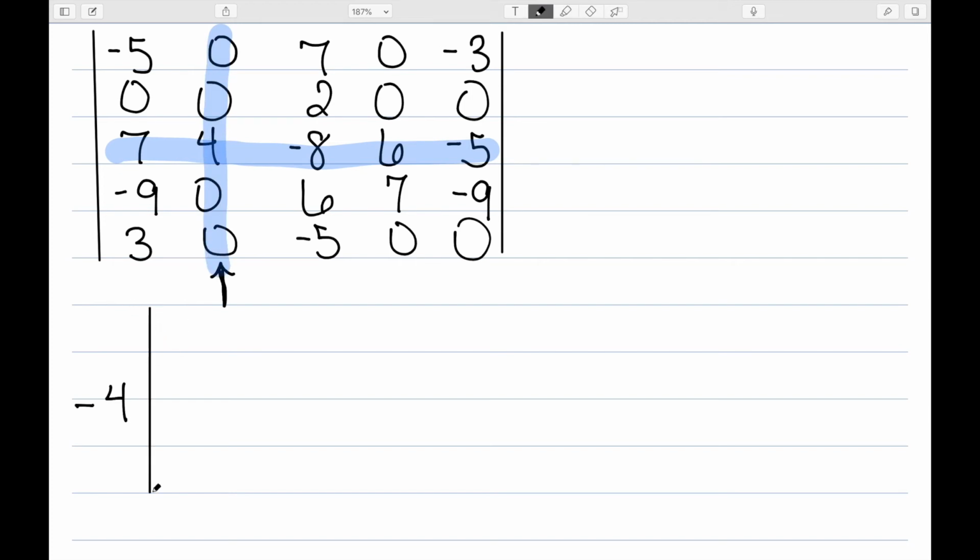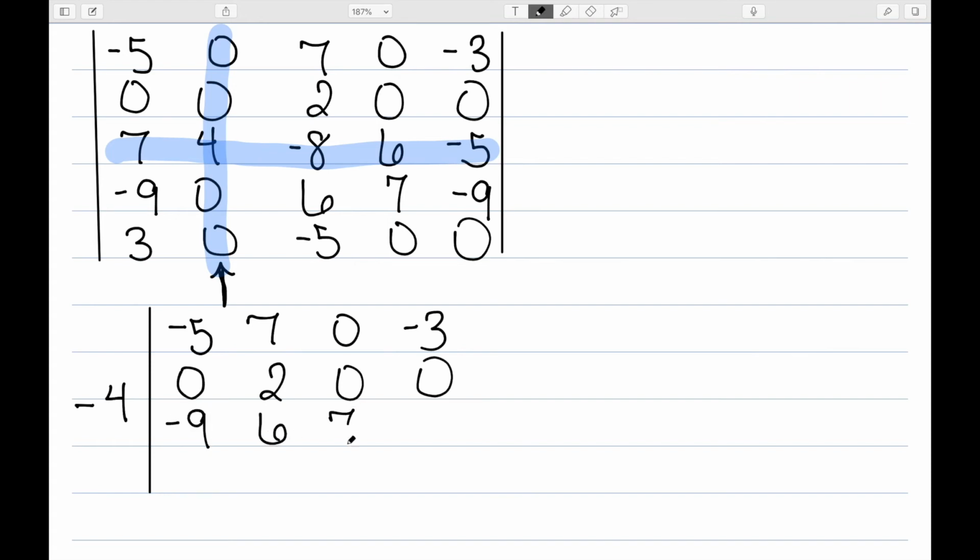So this is still a pretty big matrix. -5, 7, 0, -3 for the first row. 0, 2, 0, 0 for the second. -9, 6, 7, -9 for the third. And 3, -5, 0, 0 for the fourth. The other entries in this column are 0, so this here is the only term I need to be concerned with.